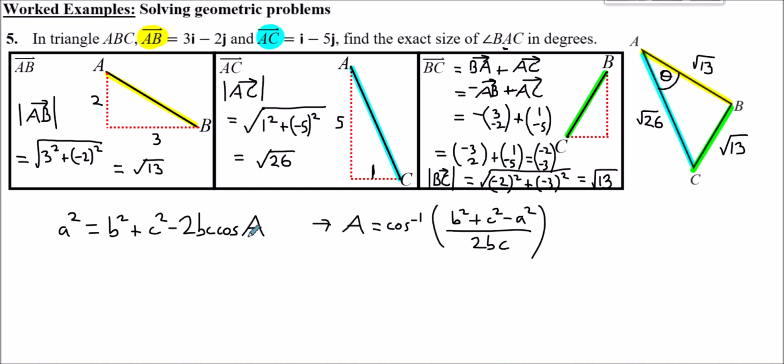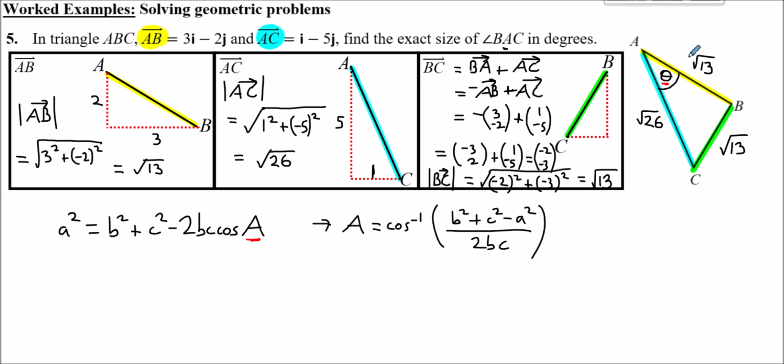Now it's just a case of realising what's what. And so angle A, in this case, is going to be the same as angle theta, because I've called it theta. The side opposite to A is a, so opposite to our theta is this a here.